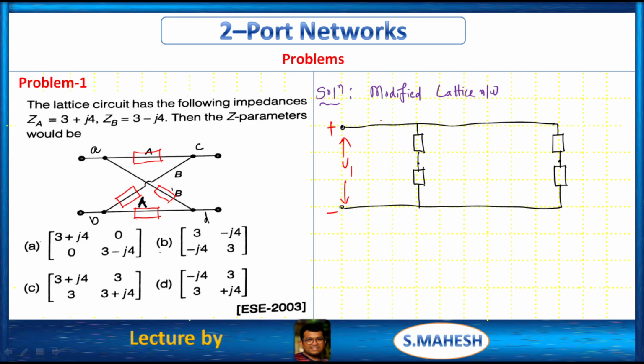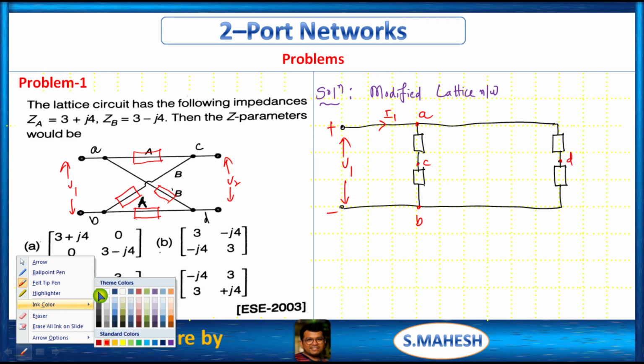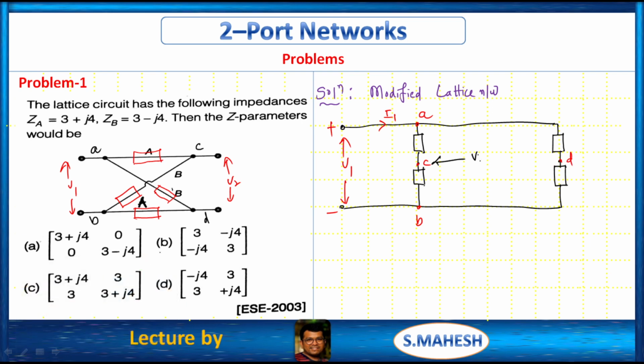The current through this port is I1. This is V2. Let us say this is A, this is B, this is C, this is D. So in between C and D we are having V2, with plus and minus polarities.